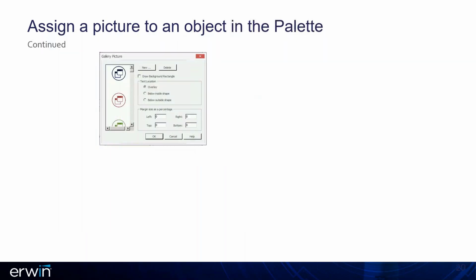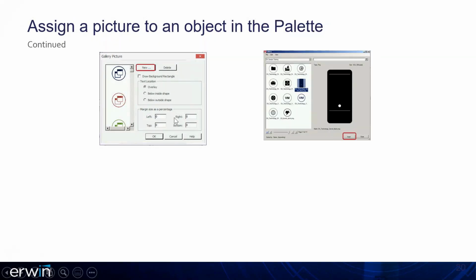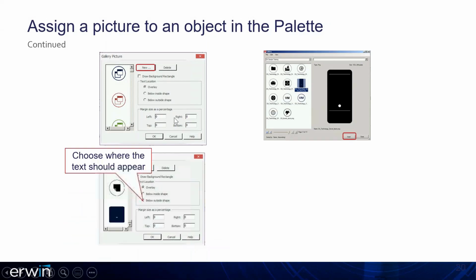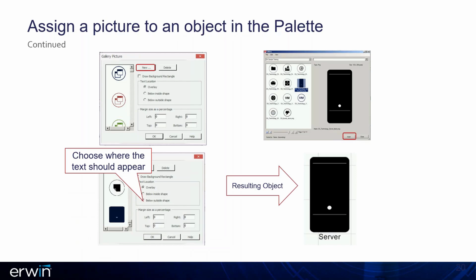And in the Gallery picture, you can choose a new image from your gallery. So the ones you see on the left here are ones that have already been added. If you click on New, that will allow you to choose something from the gallery. So there's your gallery, and you can choose an object, choose where its text should appear, and then you have the result. So we'll do that in our sample template.